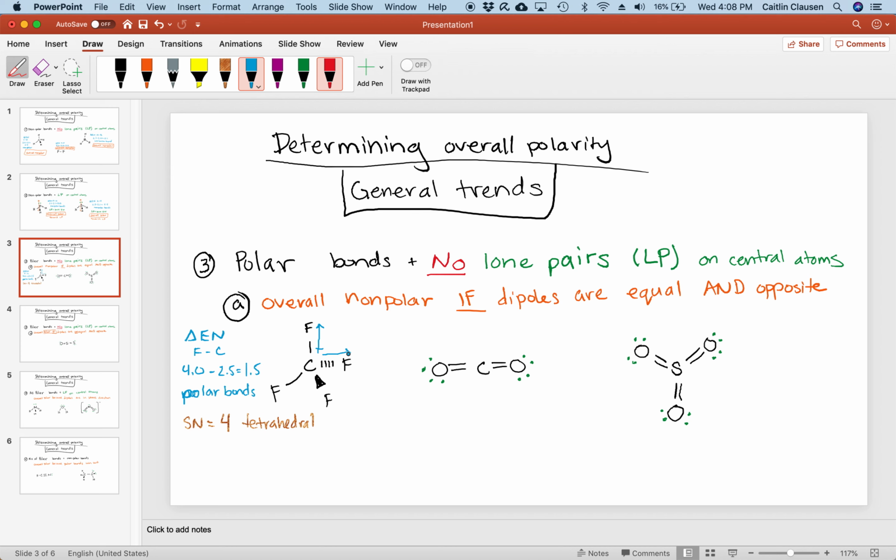You don't need to use a ruler, but just eyeball the same length. That's telling us that these are of equal magnitude, 1.5, and they're all going in opposite directions. If they are equal and opposite polar bonds, the molecule itself is overall non-polar.